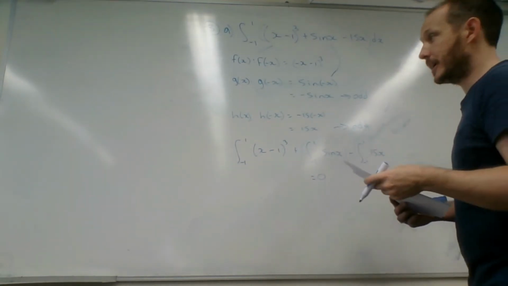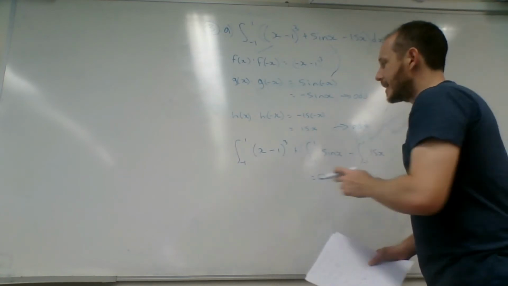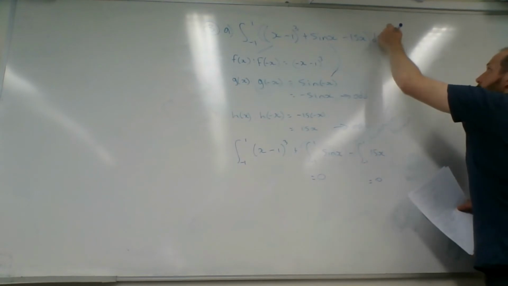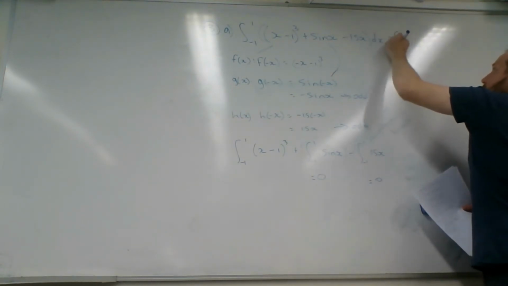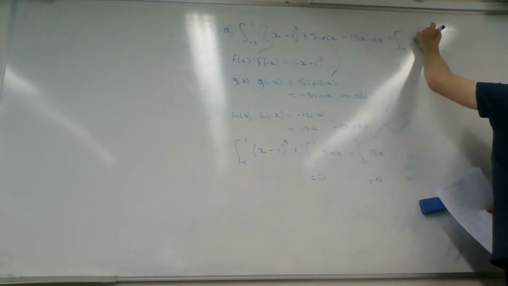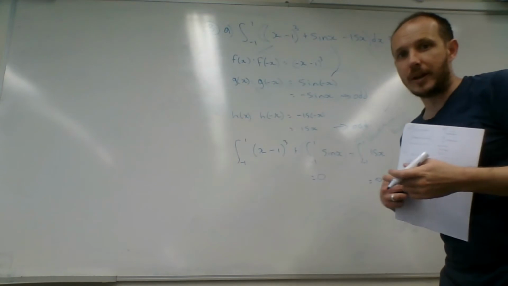So what we end up with is simply this last integral, and we just need to do that one integral: the integral from minus 1 to 1 of (x take 1) cubed dx, because the others are all equal to 0.